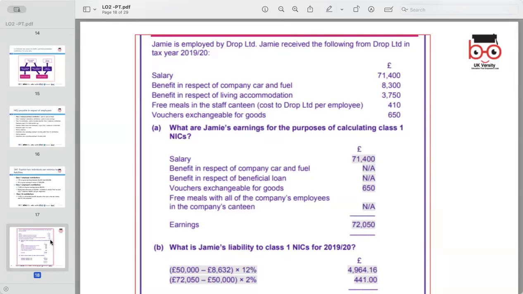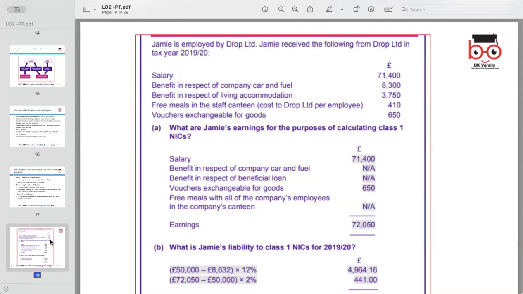This results in a national insurance liability of 4,964 pounds.